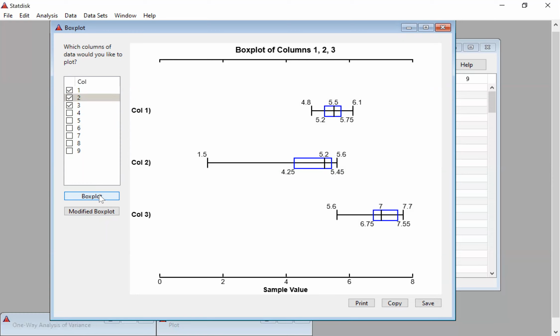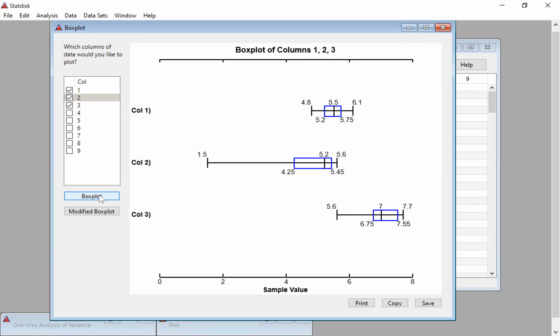One of our assumptions is our data is fairly close to normal. Normal is a symmetric distribution, which means your measures of center should be equal to each other. Your mean and the median should be pretty close to one and the same.